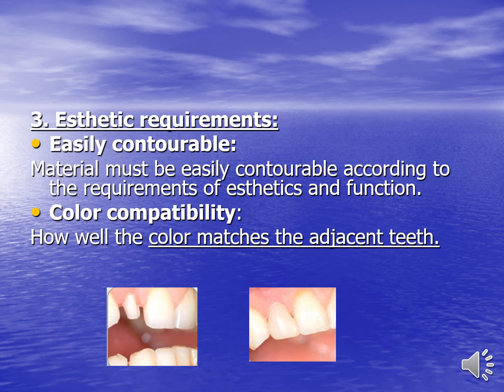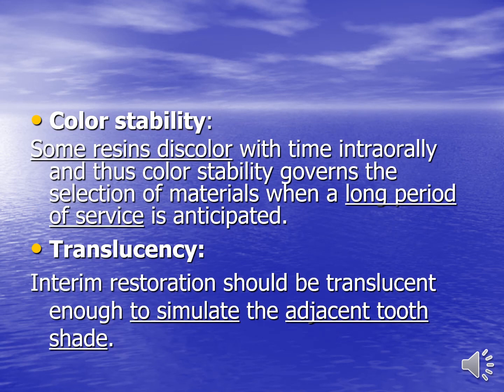Which should ideally be as matchable to the adjacent one, so the patient can comfortably utilize it for aesthetic as well as other functions. Then its color stability. Ideally it should be color stable, particularly during the use of hot and cold liquids, or you could say tea or coffee.